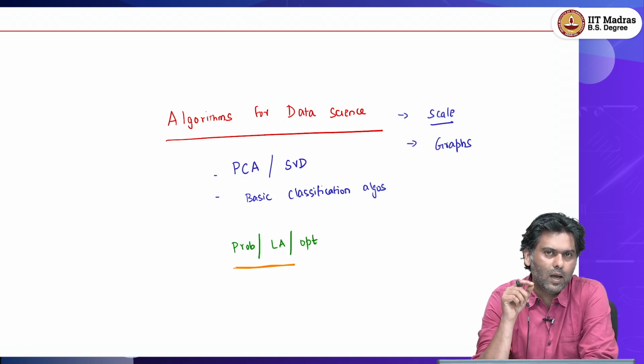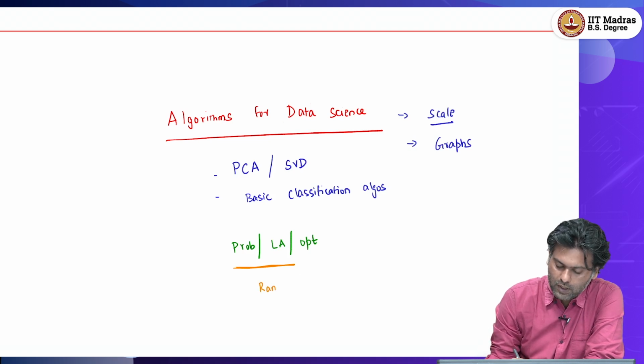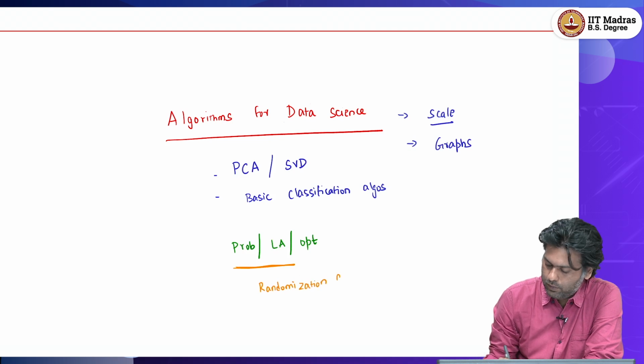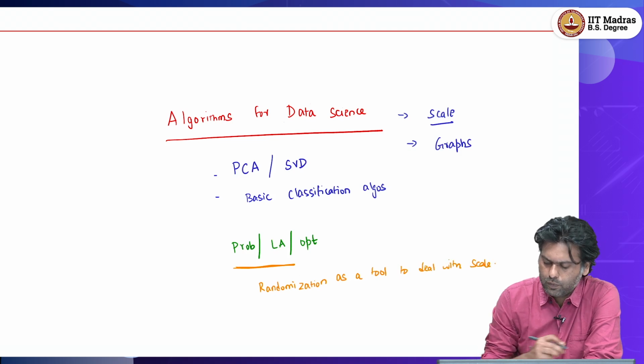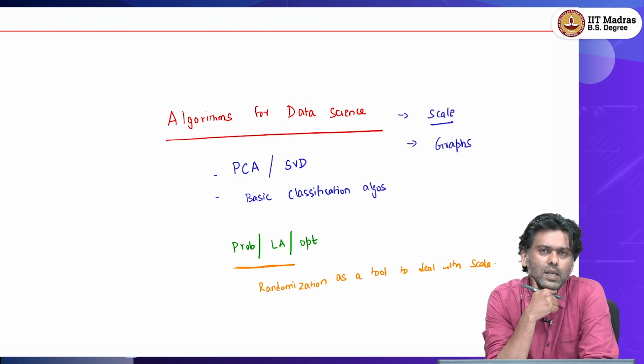So we are going to use probability as a tool, or rather randomization as a tool, to deal with scale. This statement will become clearer as we start looking at algorithms.